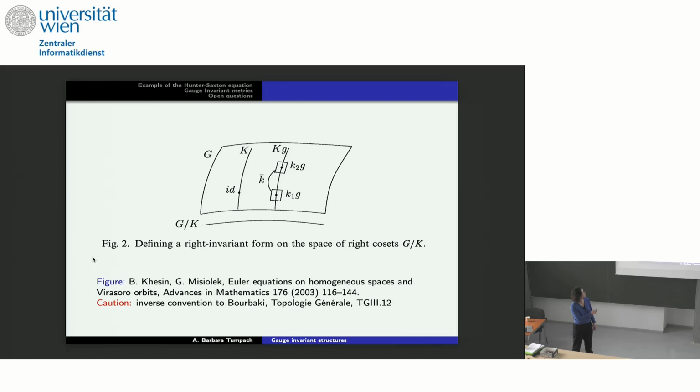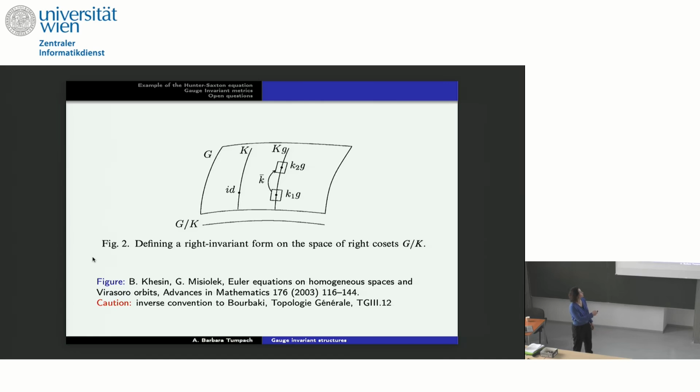So you see G is modded out by K, so you write G mod K, but here the class is KG, so the reverse. There is another convention by Bourbaki, and this is the one that I will try to follow. I may make some mistakes, but which is the opposite one. So choose the one you prefer. I'm French, I will choose the Bourbaki one.